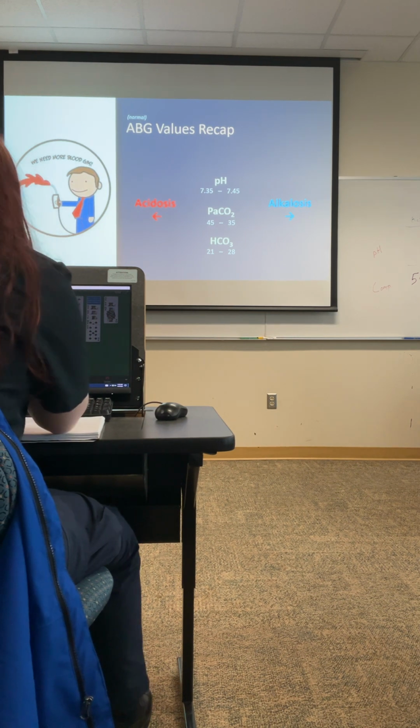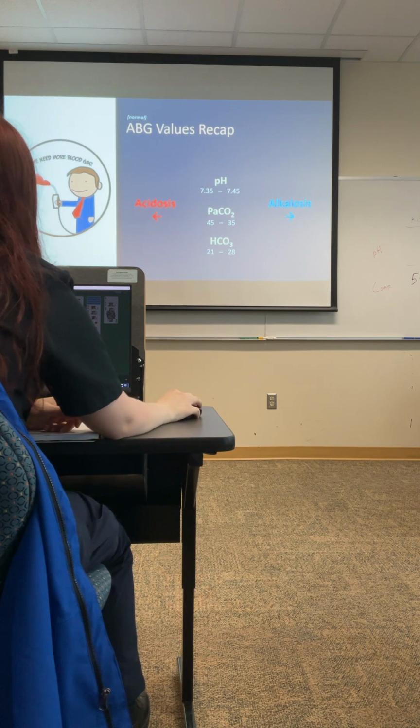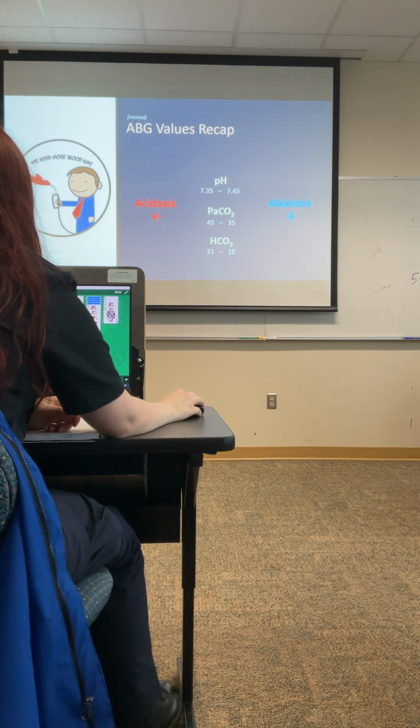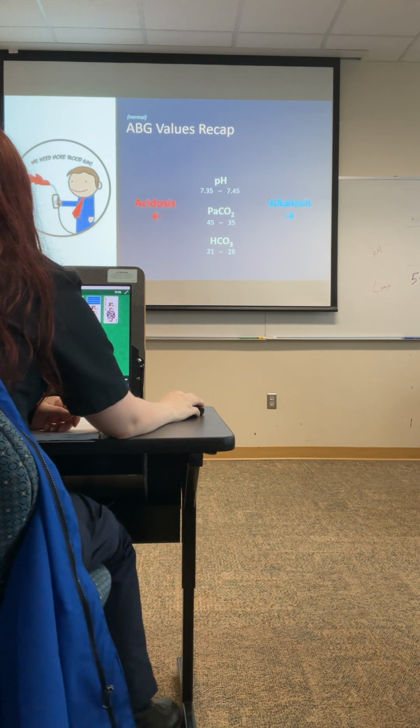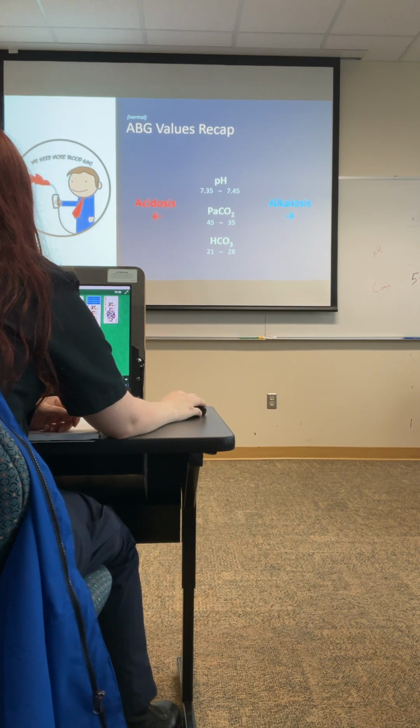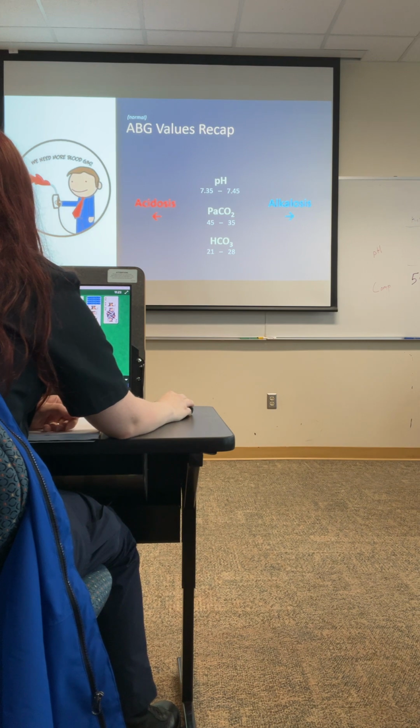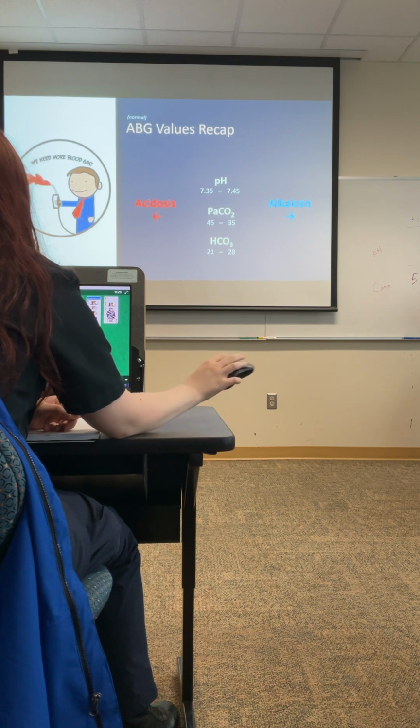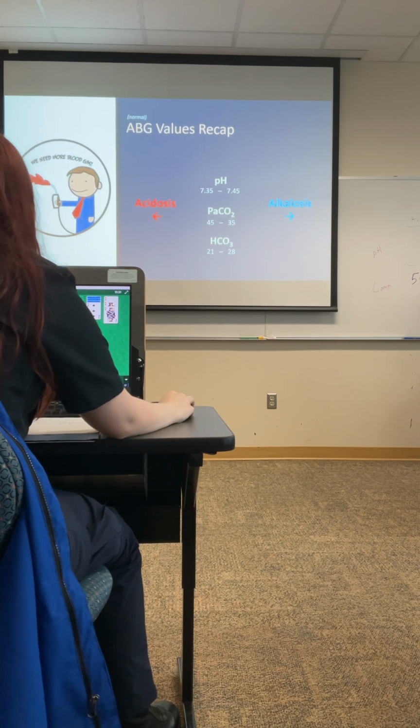Your body's trying to compensate with what it can't control. If my bicarb is forcing my pH down, I want my acid to force the other way to help balance out my pH. So the fact that this is even over here is signaling that my body is attempting to compensate for it.